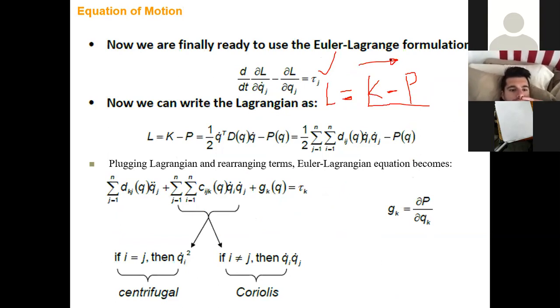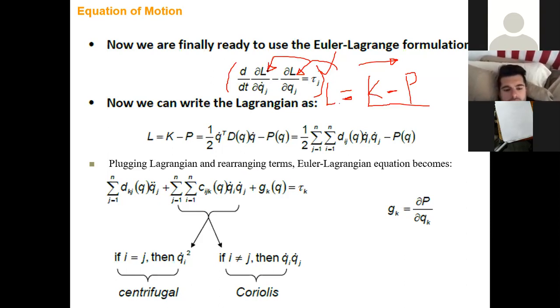Now, once I have L, then what do I do? I put the L in this equation, right? See, this is the Euler-Lagrange equation. For each link, you put this Lagrangian here, put this L here, and do the derivative as shown.